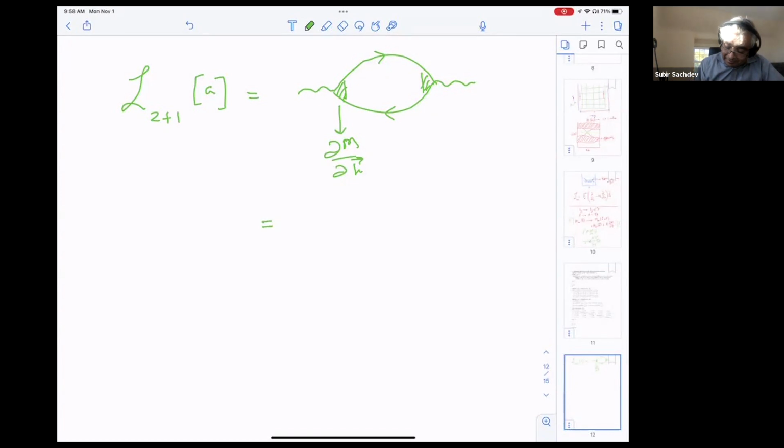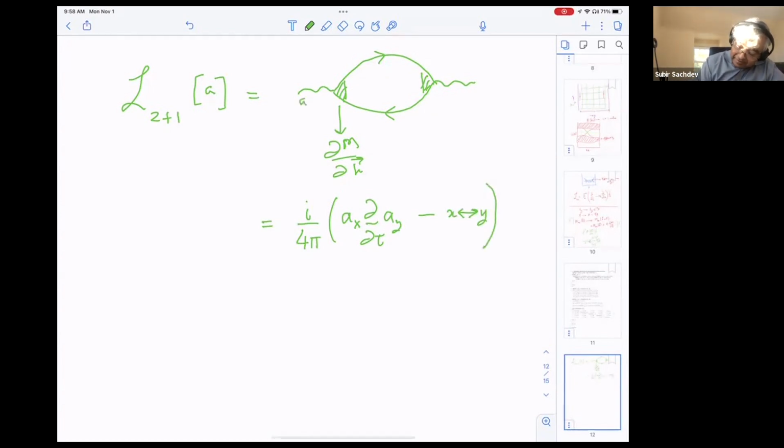Okay, so you evaluate this for the case I'm interested in, and you get a term which will be something like this. It will be, I hope I get it right, i over 4 pi, and it will be A_x d/d tau A_y minus x goes to y, and I'm not including the contributions coupling to A_x and A_y. So this is A_x comma y, and this is A_x comma y.